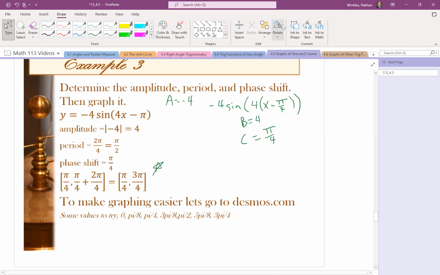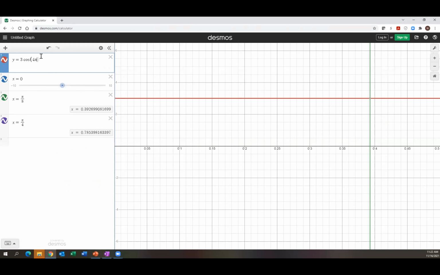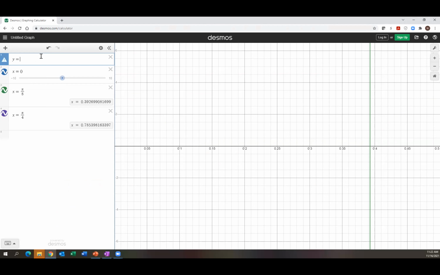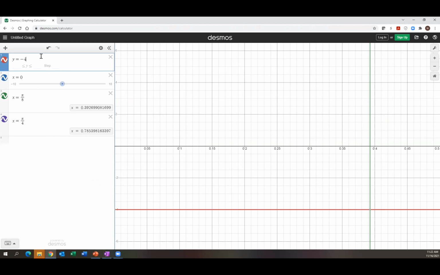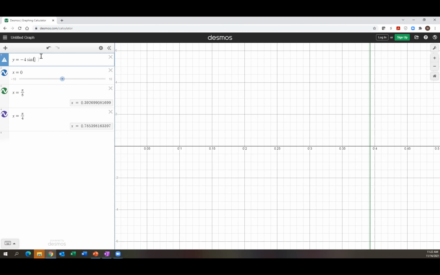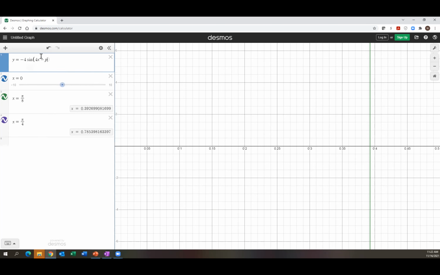In terms of what our graph would look like in this case, we could jump back over to Desmos and type it in just the way we see the first one. So -4 times sine of 4x minus pi.